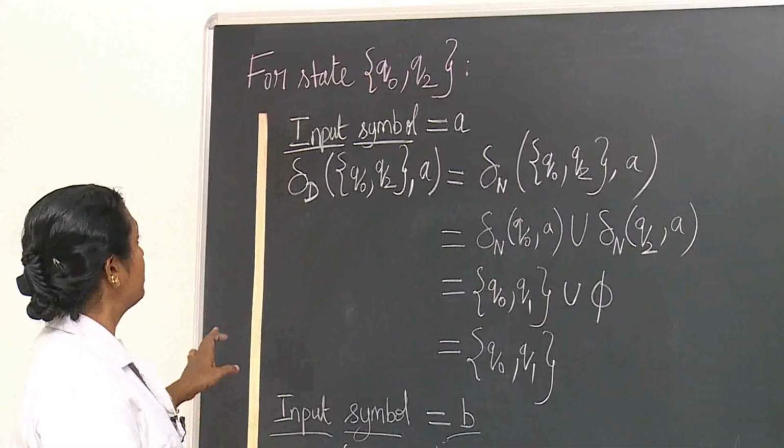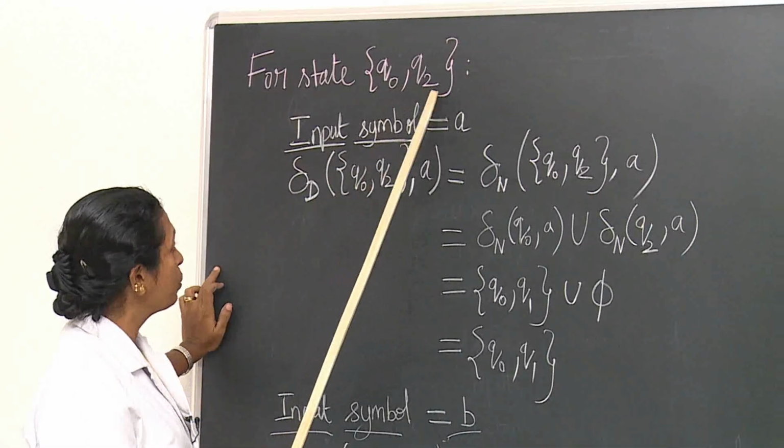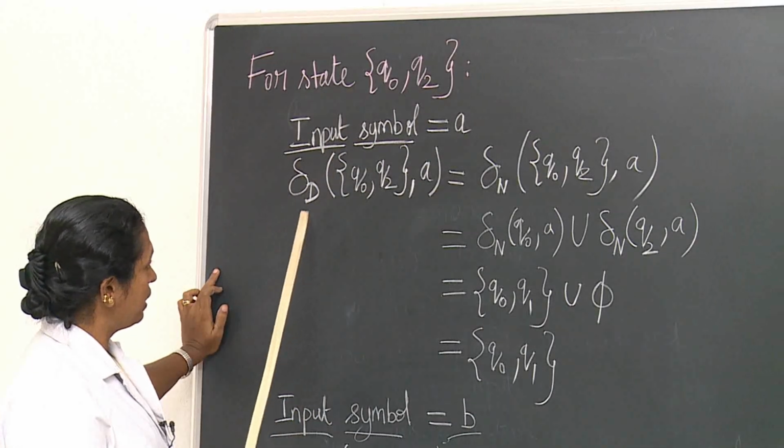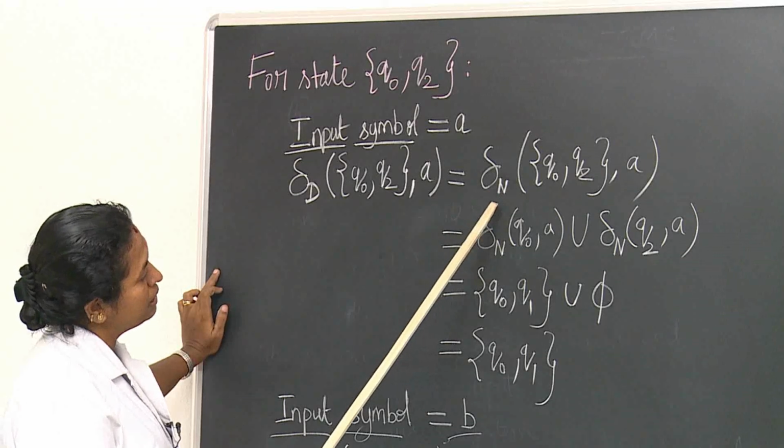Now we can see the transition for the state {Q0, Q2} by accepting the input symbol A. Here the DFA state is converted into NFA states.